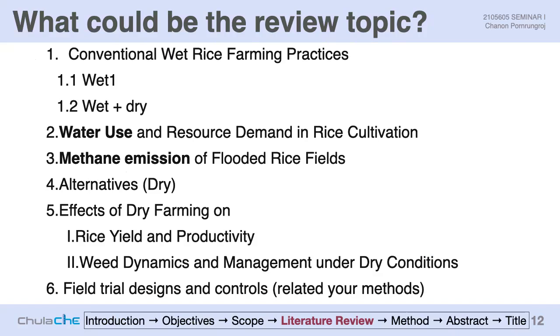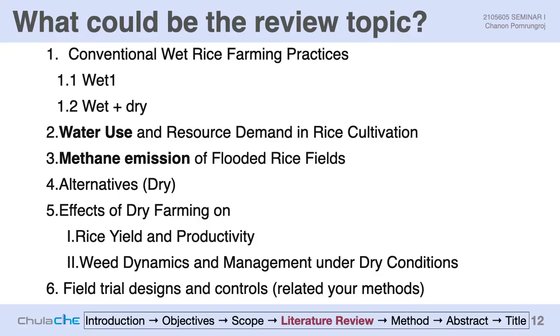So this is just an example, the same example that I showed you during the introduction part, right? The possibility of the review topic can be something like this. You can review the conventional wet farming, what is wet and dry alternate, the water use, the resource demand in rice cultivation, the methane emission of each method because you care about global warming.